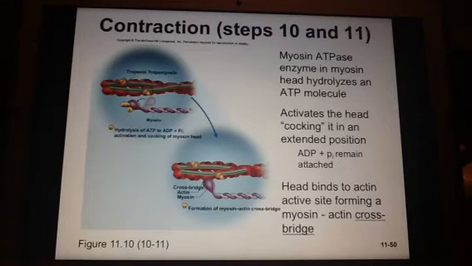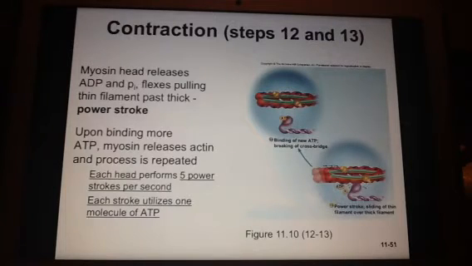So the ATP breaking apart is what activates the head, kind of cocking it, getting it ready into extended position, and then the head binds to the actin active site, forming a cross bridge, and that is an important structure to know, that cross bridge.